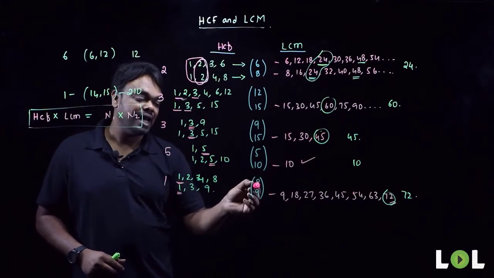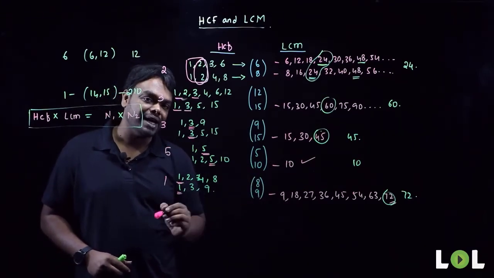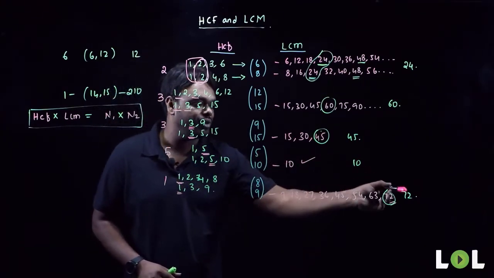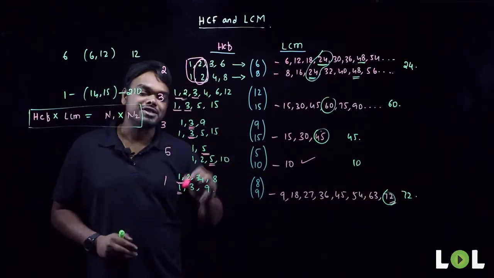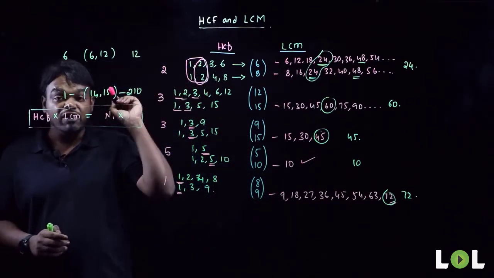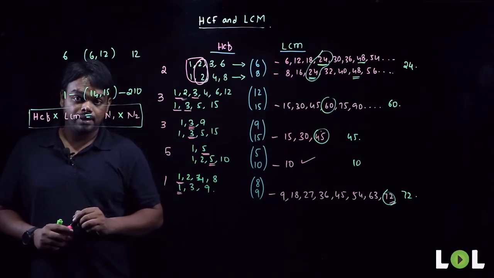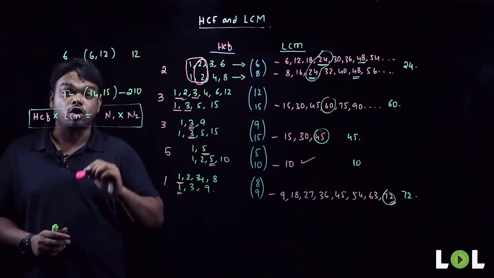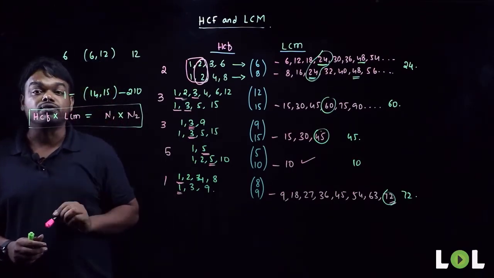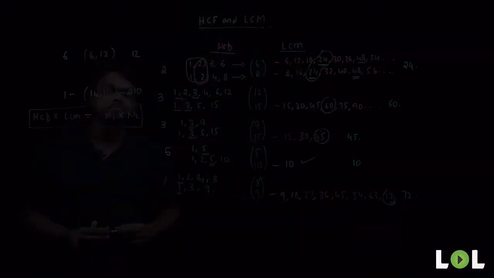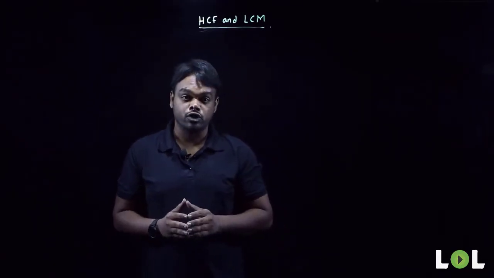In this case, N1 into N2, 8 into 9, is 72. 1 into 72 is also 72. It means in every case, the product of the given numbers must always be equal to the product of its HCF and LCM. Now you understood the complete mechanism of HCF and LCM and the various properties that we come across.